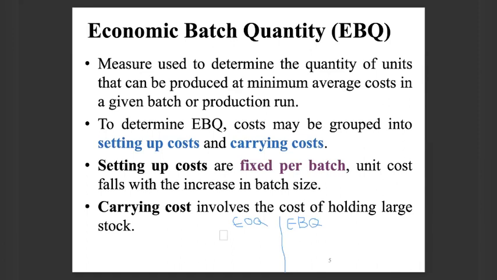In EOQ, we calculate the optimum size when we place an order for maybe materials, finished goods, etc. from a third party. Clear?